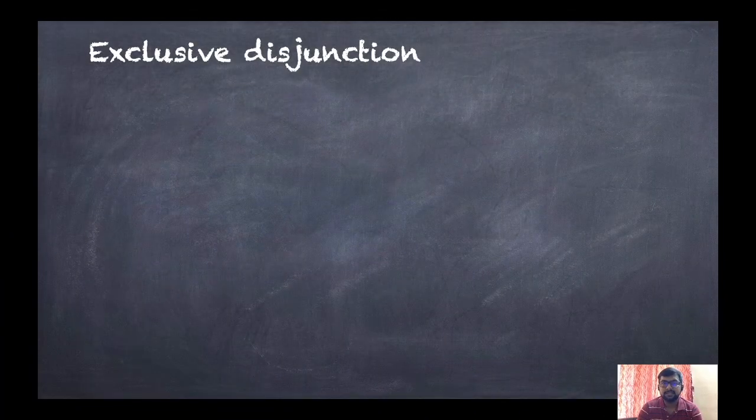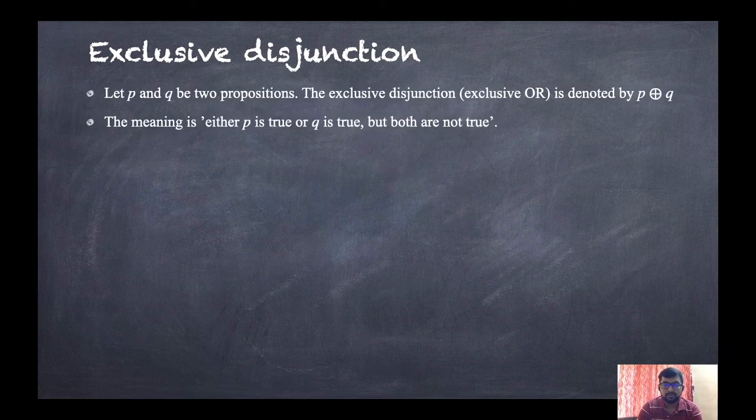Now, next logical connective, exclusive disjunction. What is exclusive disjunction? Let P and Q be two propositions or statements, then the exclusive disjunction, also named exclusive OR, is denoted by this ring sum. This is called ring sum.